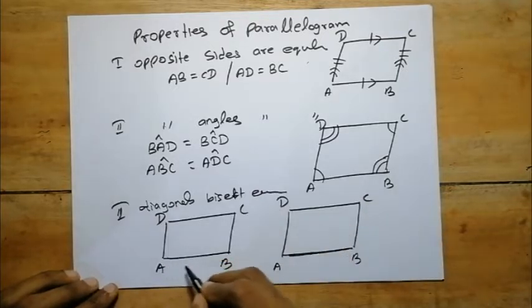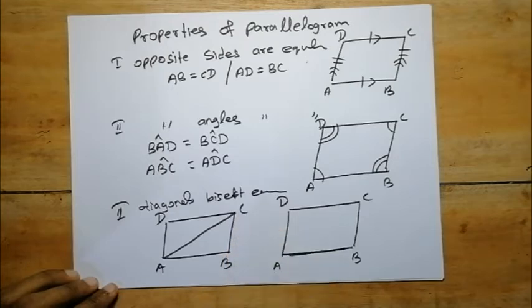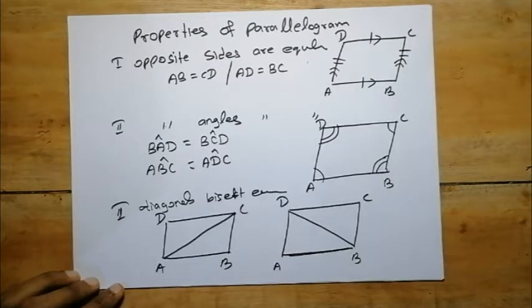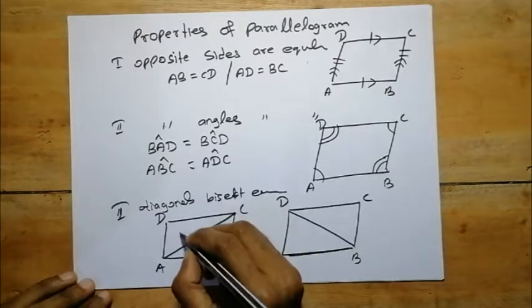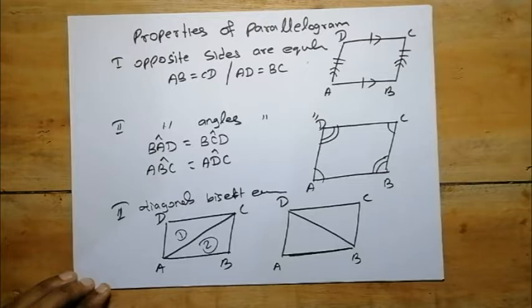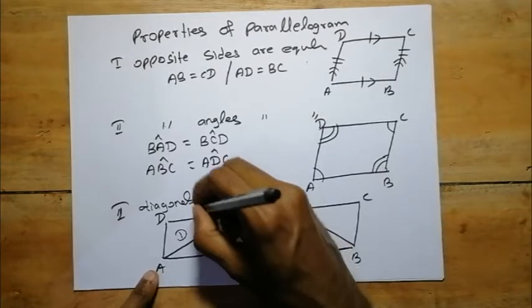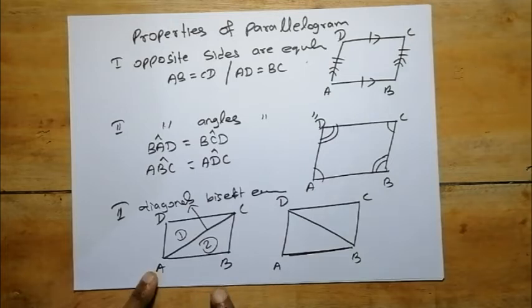Okay, I am connecting a diagonal AC, the opposite vertices A and C. Now I am connecting the opposite vertices B and D. So if the vertices are connected, AC we call a diagonal.